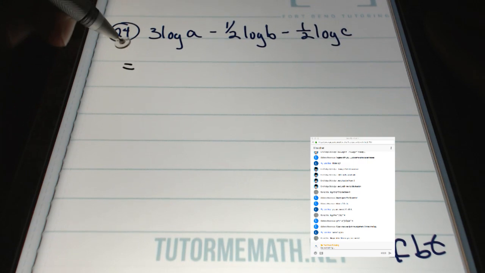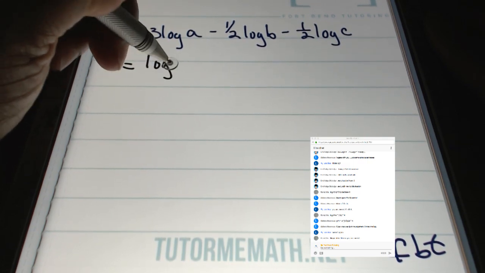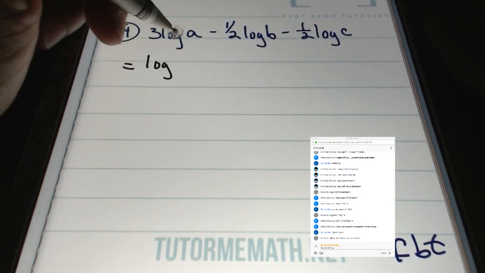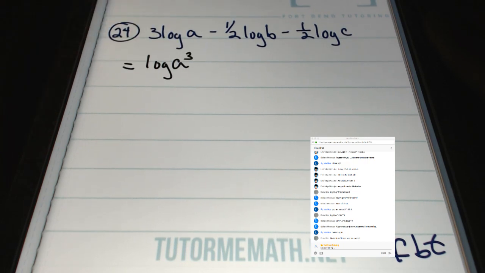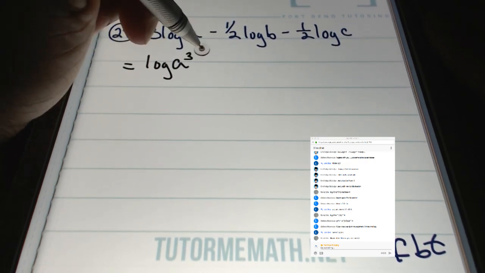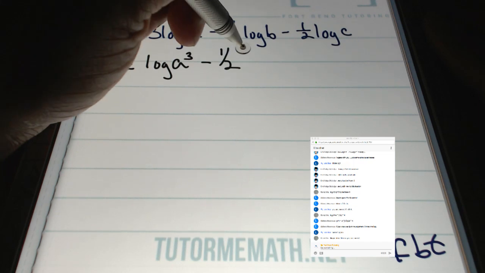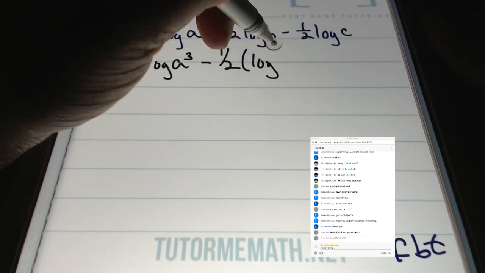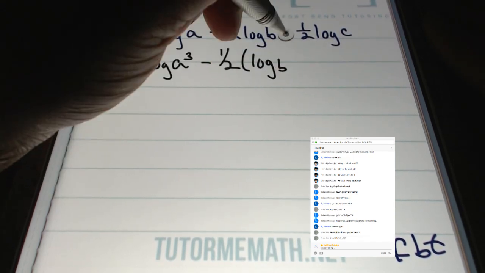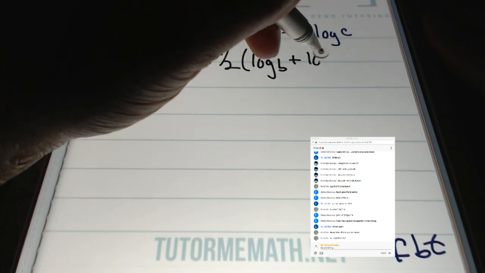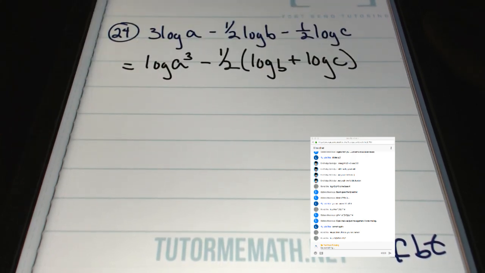Let's go ahead and see if we can rewrite this. We'll say that we have log, which is a common log again, of a to the 3rd power. Let's factor out the 1/2. Let's see what happens there. We'll have log B plus log C. How you like that?